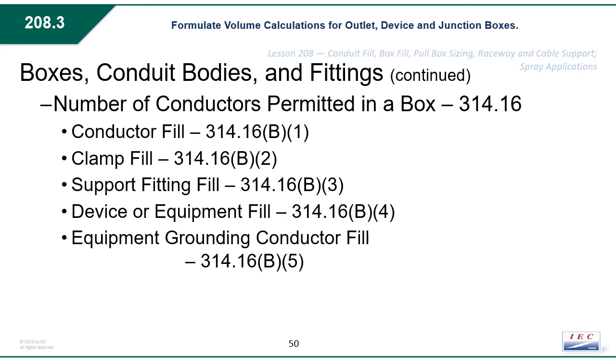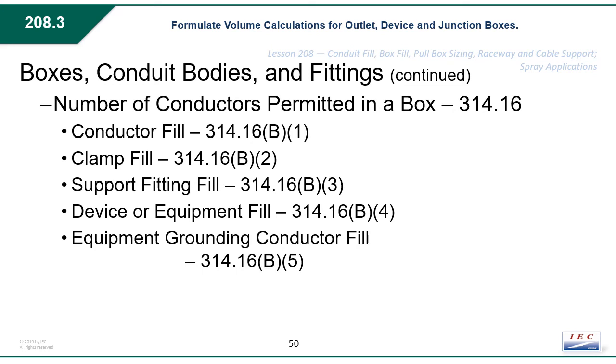Equipment grounding conductor fill, 314.16 B5. It used to be you just count your grounds as 1 and that's it. But now in the 2020 code, my ground wires are only counted as 1 up to the first 4.